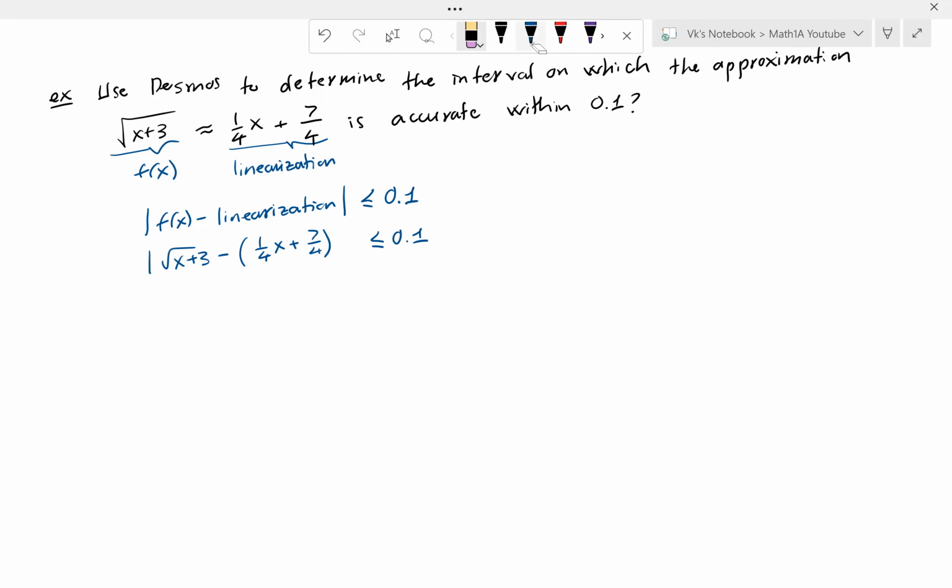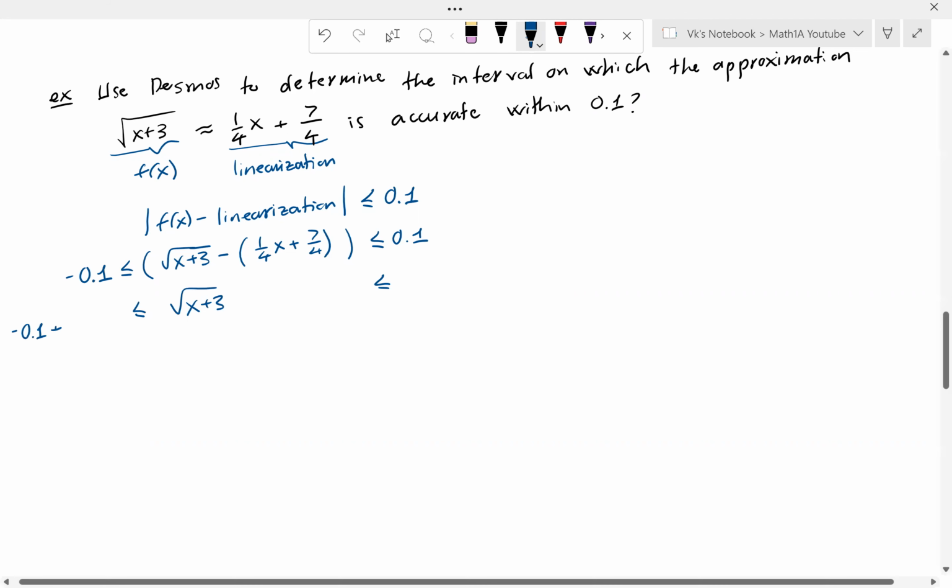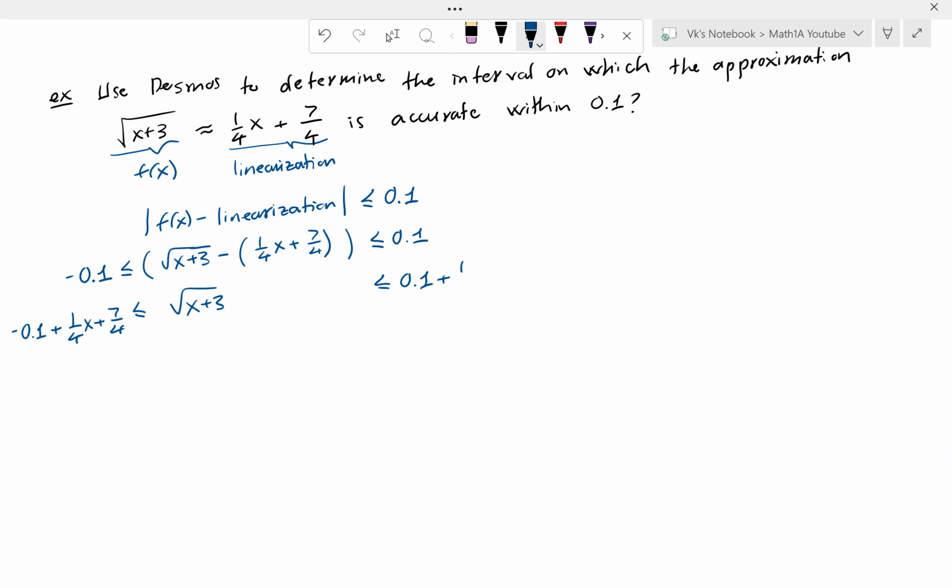And we can drop the absolute value to make it between negative 0.1 and 0.1. So root x plus 3 is between negative 0.1 plus 1/4 x plus 7/4 and 0.1 plus 1/4 x plus 7/4.